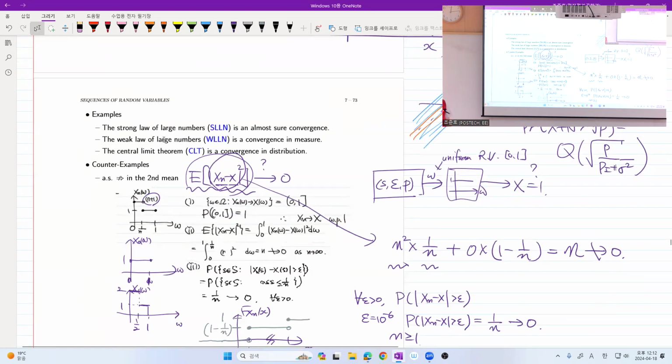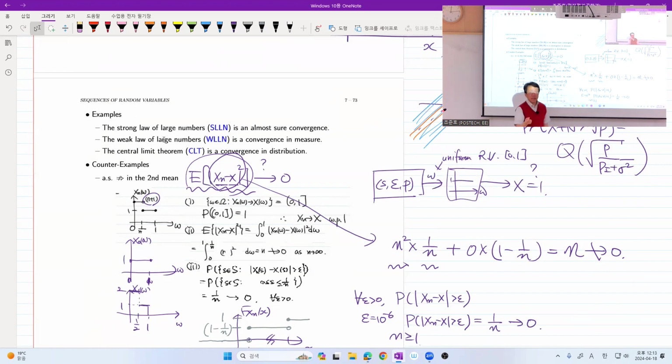By the way, these four modes have some very good examples. The first one is the strong law of large numbers. The law of large numbers, as you remember, is related to what? The arithmetic mean converges to the statistical mean in some sense.